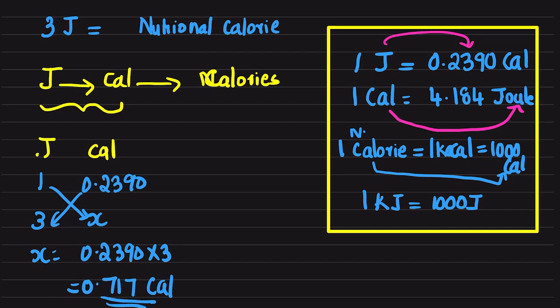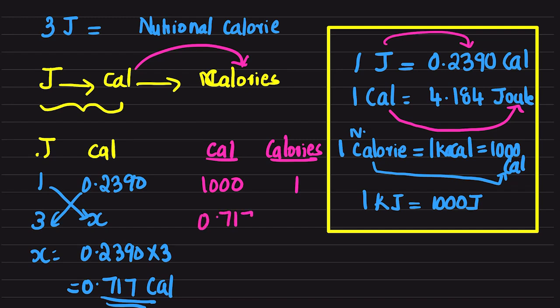Now second step, we need to convert cal to calories. We are taking the relation between cal and calories: 1 calorie equals 1000 cal. So 0.717, take it as x.